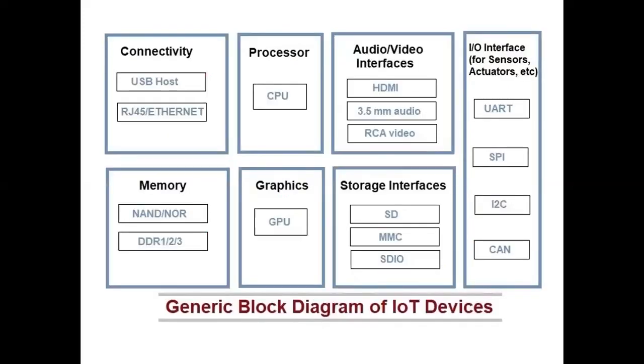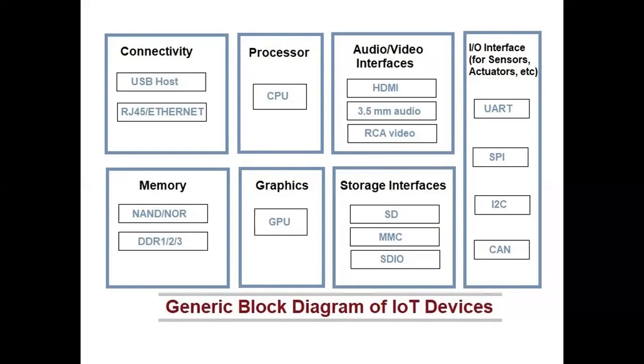So this is the generic block diagram for IoT devices. IoT devices include connectivity, processors, audio video interfaces, IO interfaces for communication purposes, memory, graphics, and storage interfaces. There will be connectivity through USB, RJ45 connector, or Ethernet.